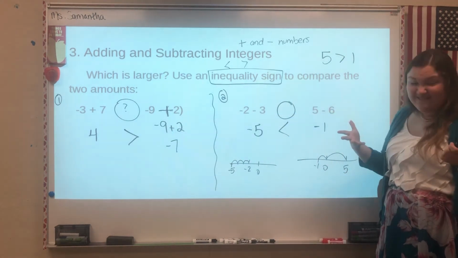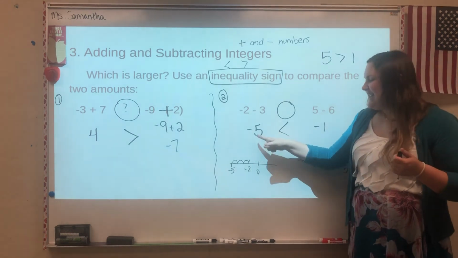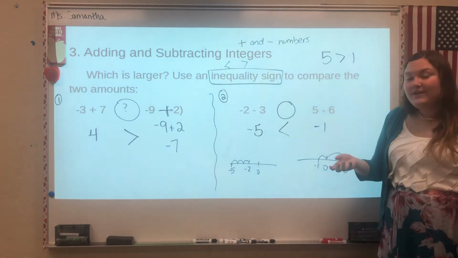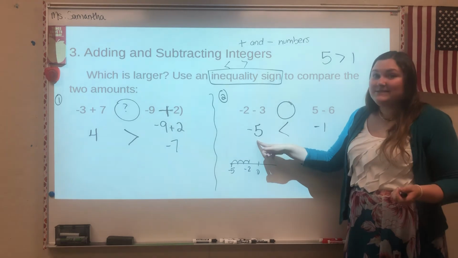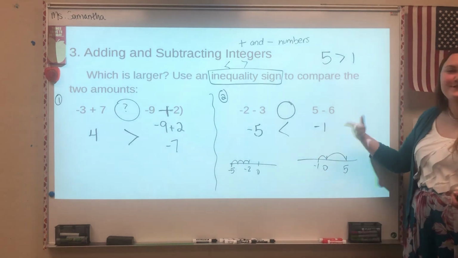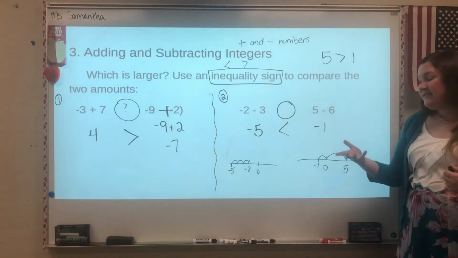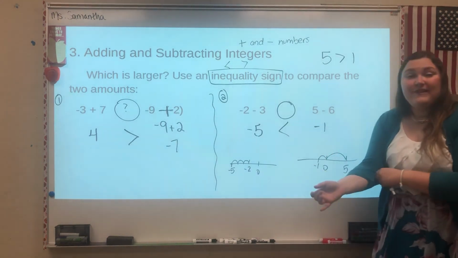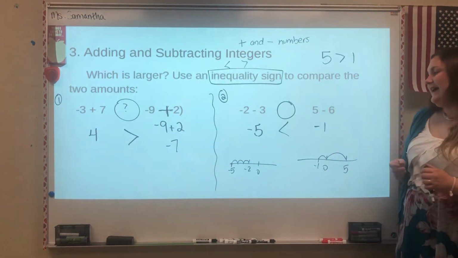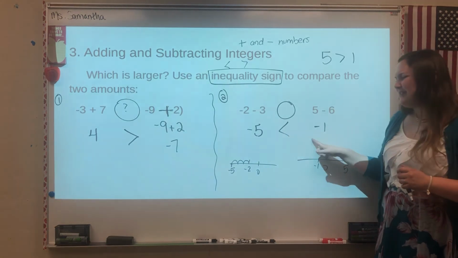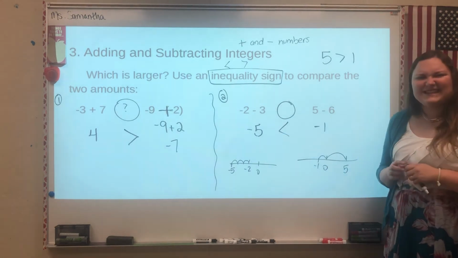You think about money, again, I keep going back to money. -5 is like you owe $5. You have less money if you owe $5 versus owing $1. So thinking about it with money, thinking about it with a number line, find the way that works for you. But yeah, I know these ones where they're both negative take a second to think through.